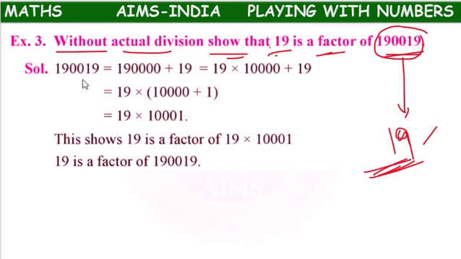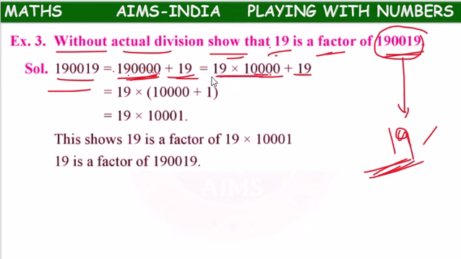So 190019 can be written as 190000 plus 19. Means ones, tens, hundreds, thousands, 10,000, lakhs: 1,90,000. This can be written as 19 into 10,000, plus 19 extra.